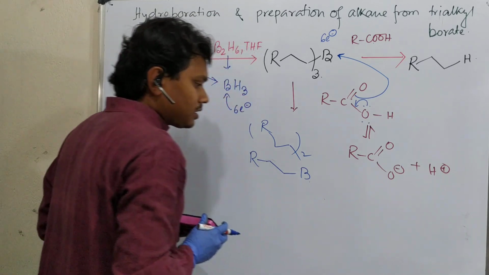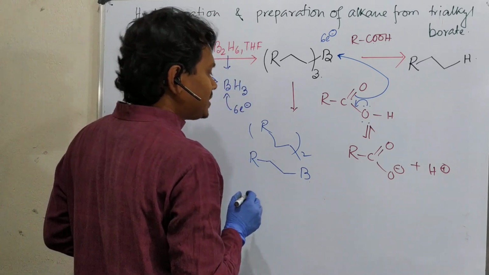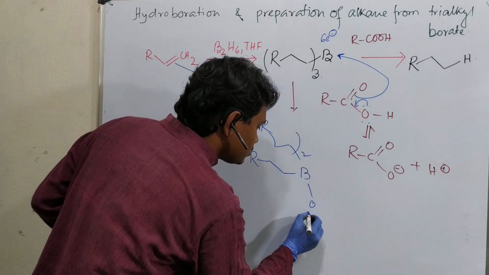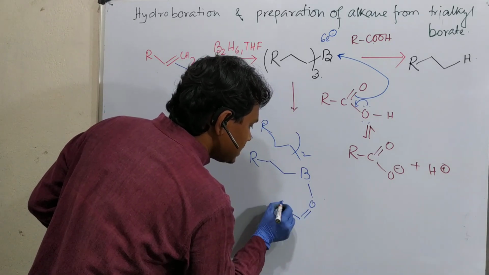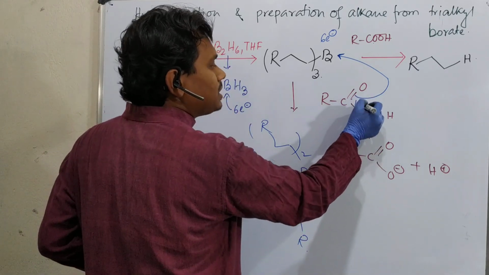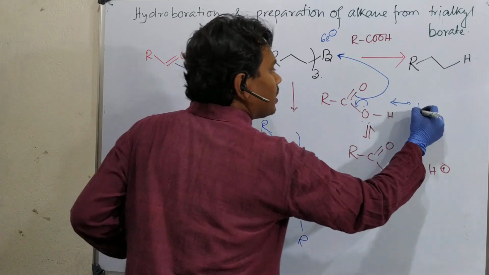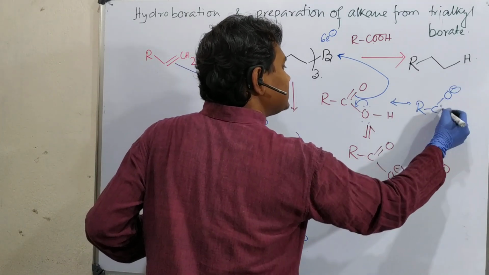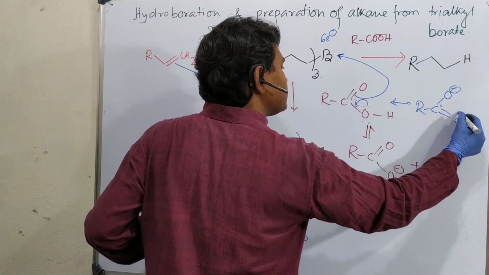Okay. So what will it result in? It will result in this, O double bond C double bond OH. And why this side? As I told, because of resonance, means RO minus double bond OH plus. Okay.